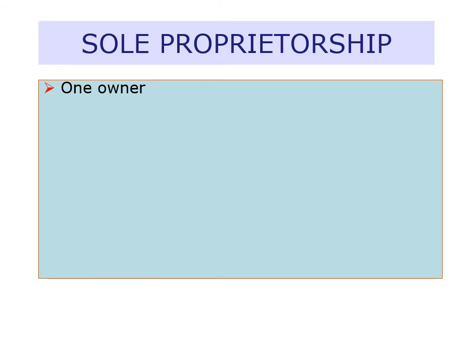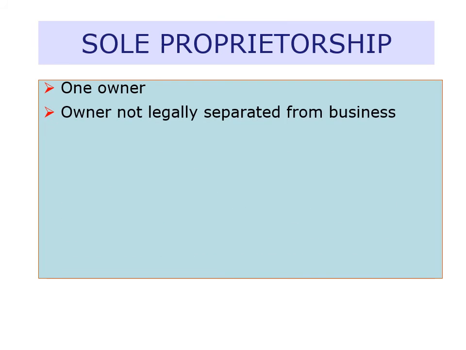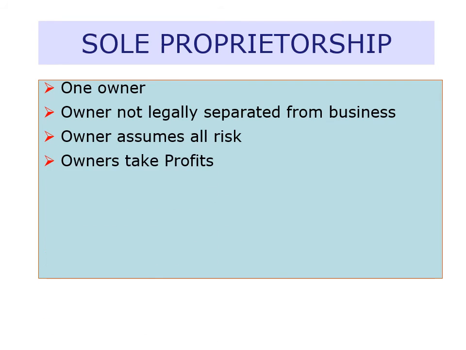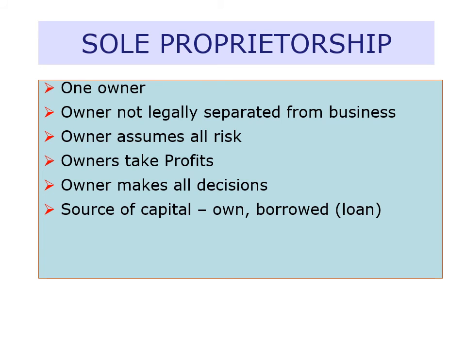ACC106 will focus on this particular form of business because it's only one owner, and the owner is not legally separated from the business because all the risk will be on the owner, and the owner takes all the profit, and the owner usually makes all decisions including buying the non-current asset.